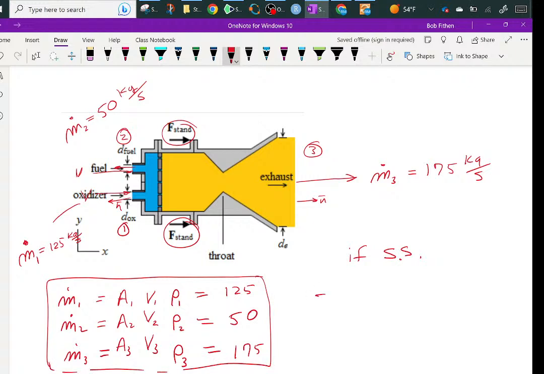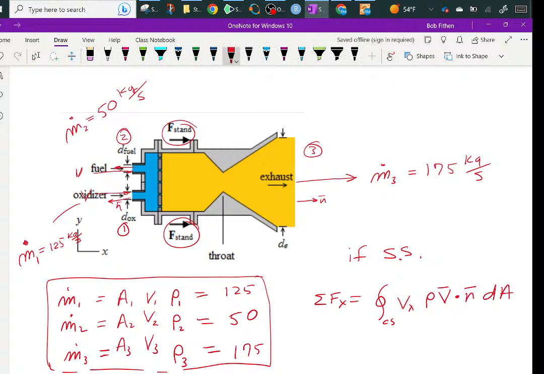Sum of the forces in the x, because I don't think he's interested in the y, is equal to the integral over the control surface of the velocity in the x times rho v dot n dA.